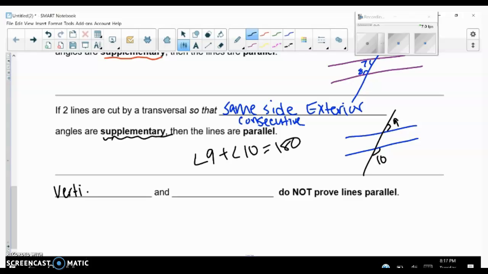So there's two angle relationships that don't prove that lines are parallel. The first one is vertical angles, and the other one is linear pairs. The main reason that this doesn't work is because you have to have angles that touch two different lines.